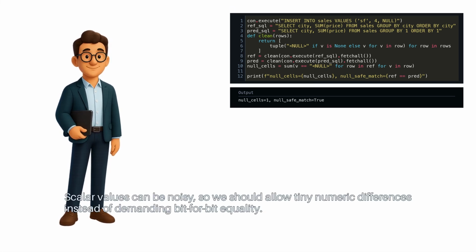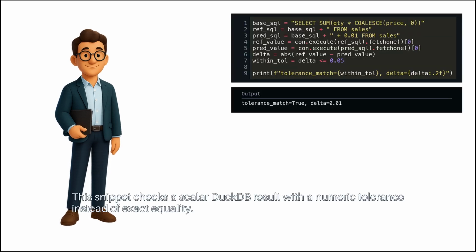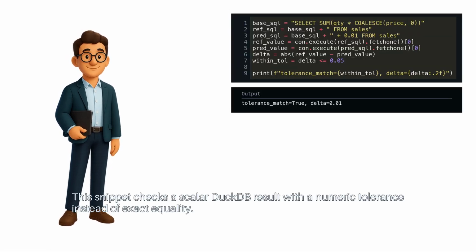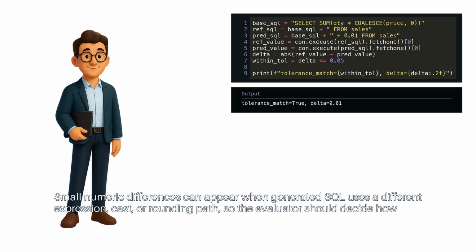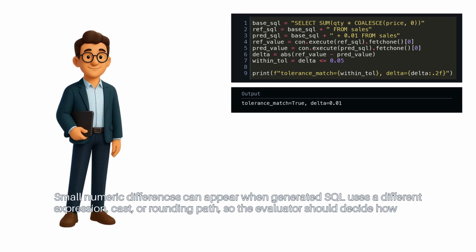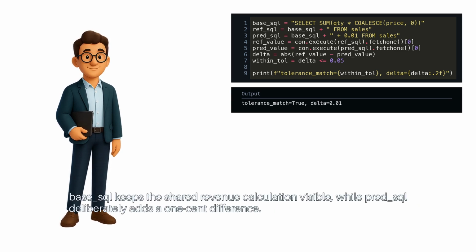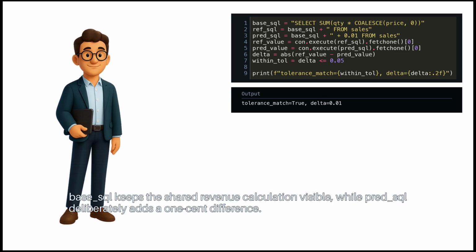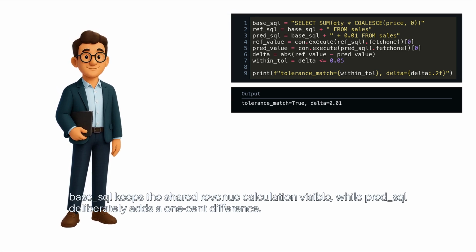Scalar values can be noisy, so we should allow tiny numeric differences instead of demanding bit-for-bit equality. This snippet checks a scalar DuckDB result with a numeric tolerance instead of exact equality. Small numeric differences can appear when generated SQL uses a different expression, cast, or rounding path. So the evaluator should decide how much drift is acceptable. Base SQL keeps the shared revenue calculation visible, while pred SQL deliberately adds a 1 cent difference.